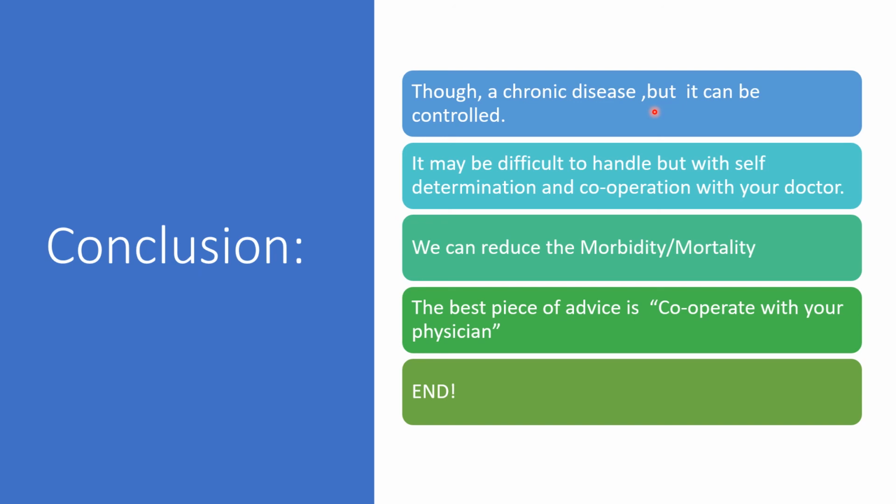So, you can titrate the medications with the value of the blood pressure, change or adjust as the situation may warrant. The best piece of advice is cooperate with your physician and get that stubborn blood pressure under your feet. With that, I've come to the end of this very long presentation on hypertension.